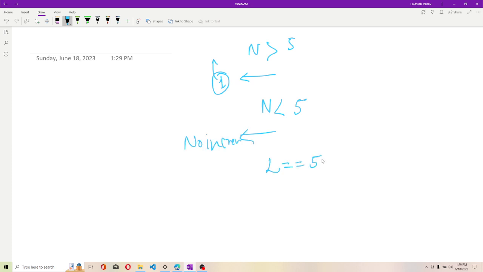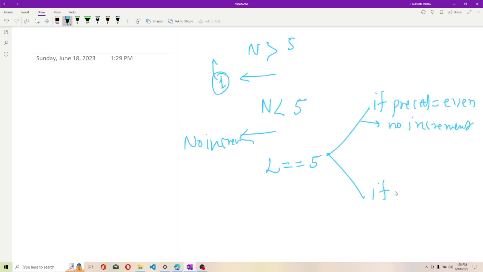Then we have two rules. The first one: if the preceding digit is even, then there is no increment in it.